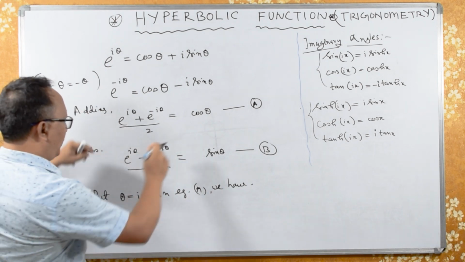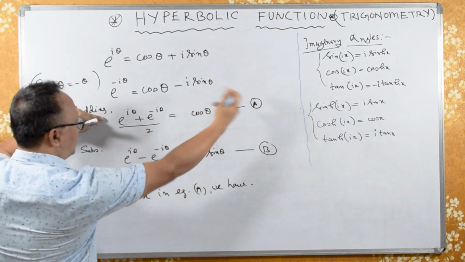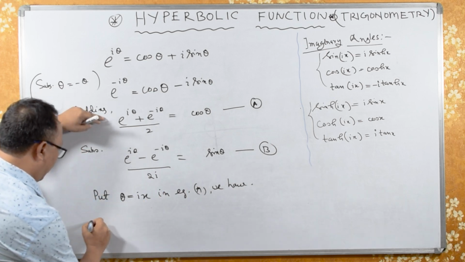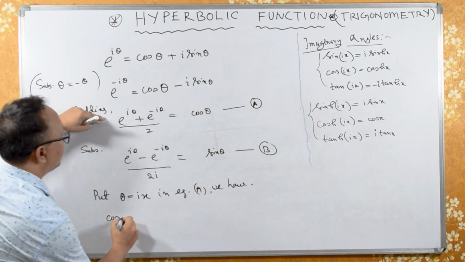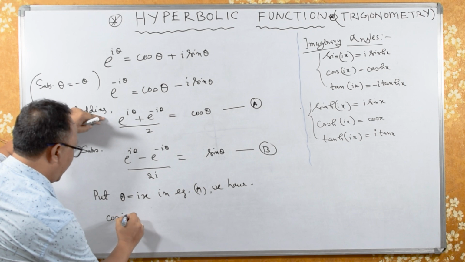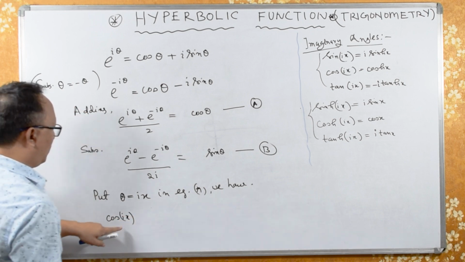Now on the right hand side, what we have is cos of ix, cos of ix.